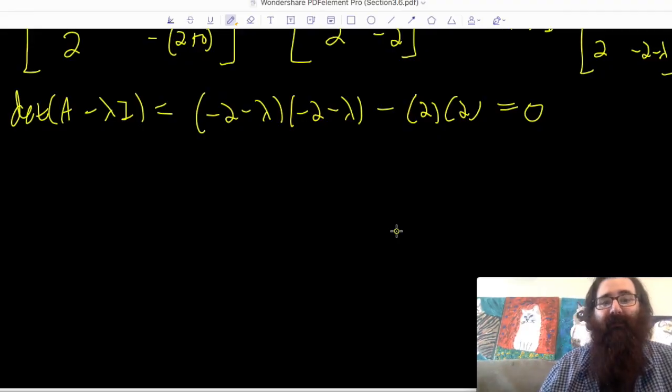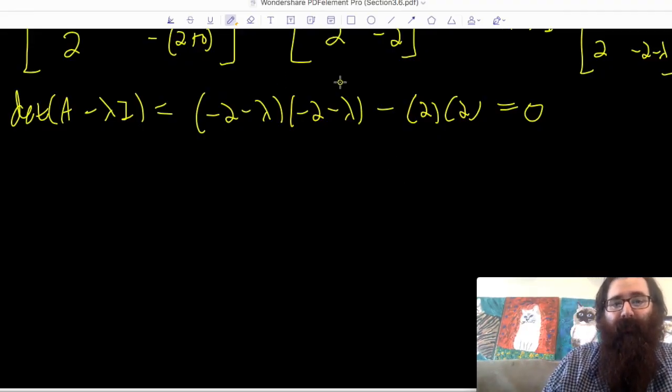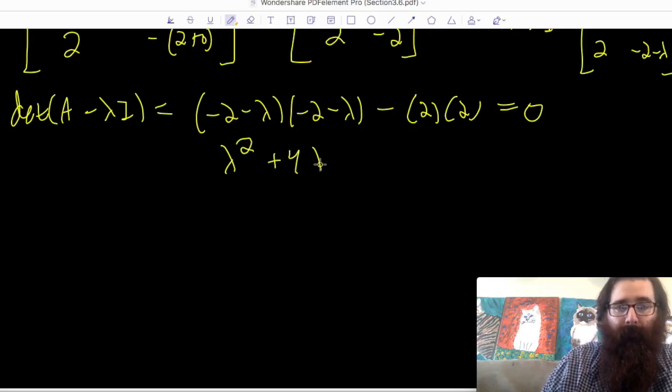If I expand this out, negative lambda times negative lambda gives me positive lambda squared. We get positive 2 lambda, and then another positive 2 lambda gives me 4 lambda. Negative 2 times negative 2 gives me positive 4, and then I have minus 4 equals 0.